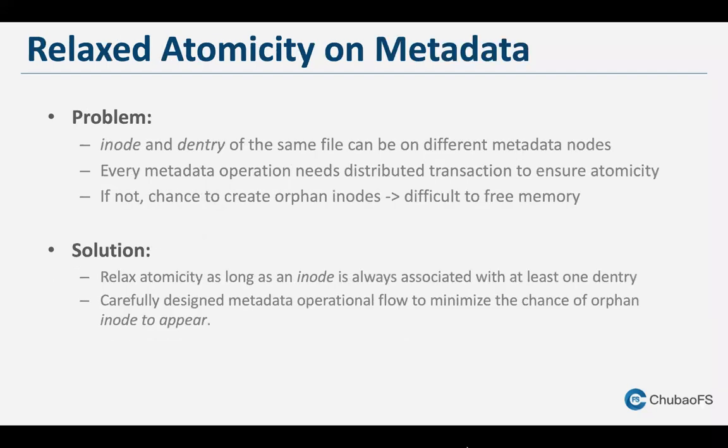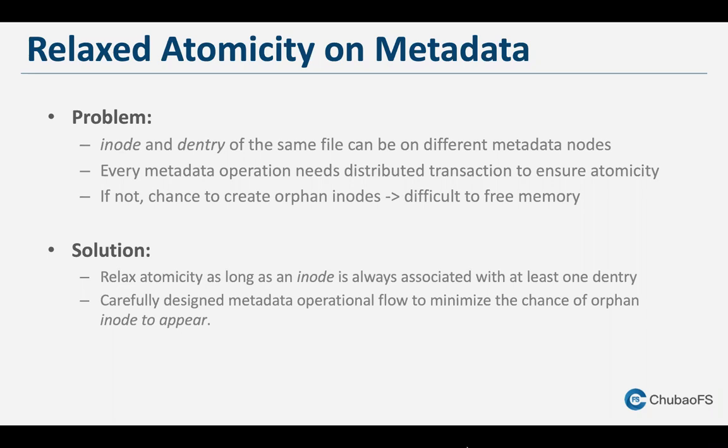One of the important optimizations that we have for the metadata operations is what we call relaxed atomicity. The problem is the inodes and dentries: because, as I said, we want balanced workloads, the inode and dentries of the same file can be located on different metadata nodes.